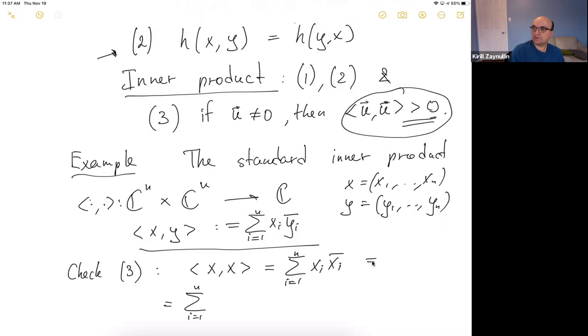So you just get the sum of squares of the absolute values of its coordinates. Let me remind you that the absolute value of z is the square root of a squared plus b squared, where z is written as a plus ib.